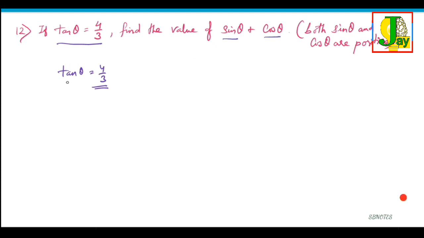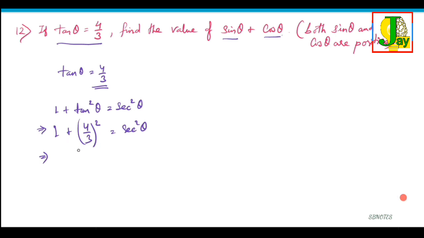So tan theta is given, and I need one identity with tan theta: 1 plus tan square theta equals sec square theta. I put the value: 1 plus (4 by 3) whole square equals sec square theta.